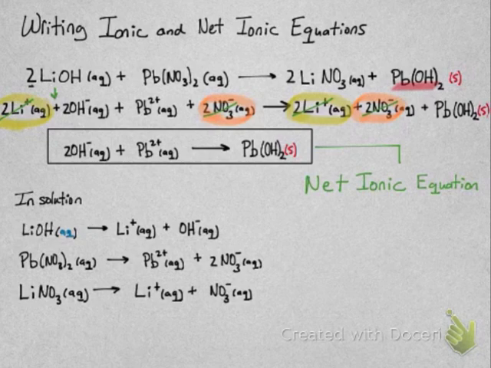So we have three equations: the whole, or sometimes called molecular, although that's not a very good name since these are all ionic compounds, the top equation; then the complete ionic equation, the middle one that shows all of the ions that are in solution; and then if we just want to show what is really interacting, the net ionic equation, the third one.